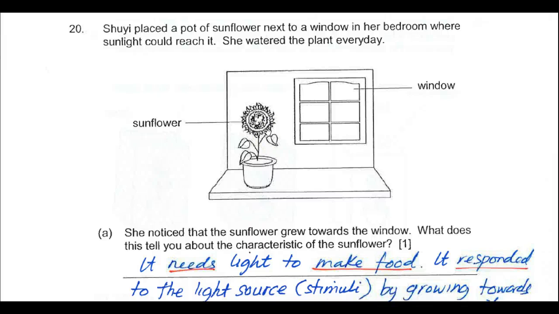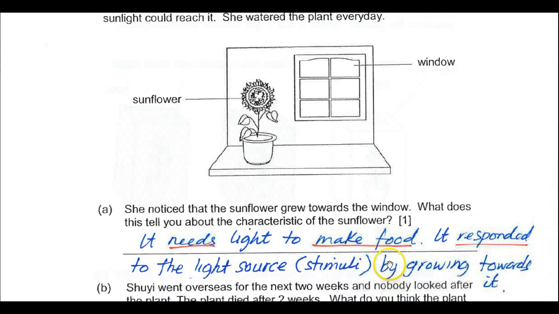But why is it growing towards the window? Because it needs light to make food. It is a plant. At the same time, it responded to the light source, or what you call the stimuli. The light streaming into the window causes the plant to move towards it because it needs the light.